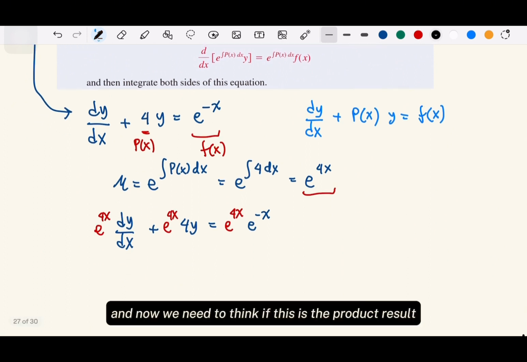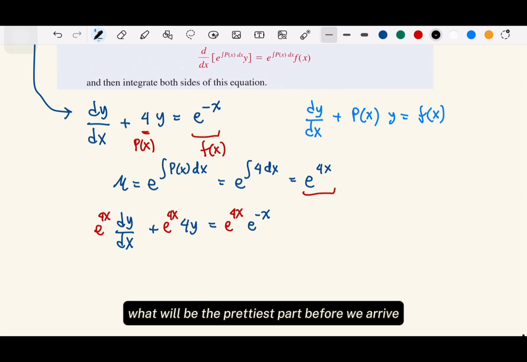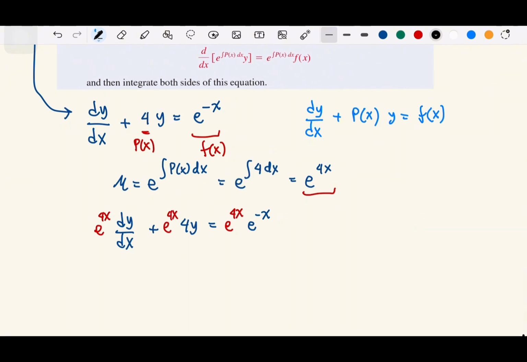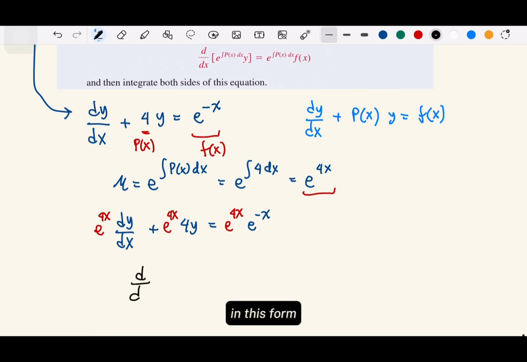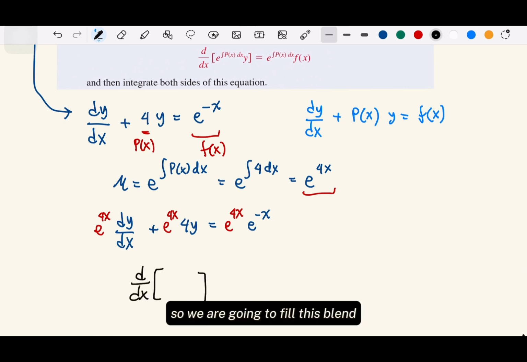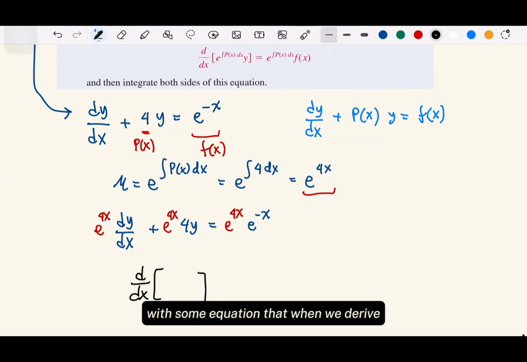And now we need to think, if this is the product result, what will be the previous part before we derive? So we are going to make this in this form, and fill this blank with some expression that when we derive, it will produce this.